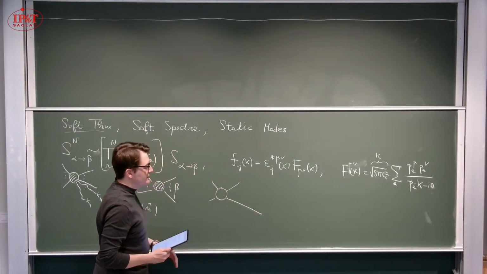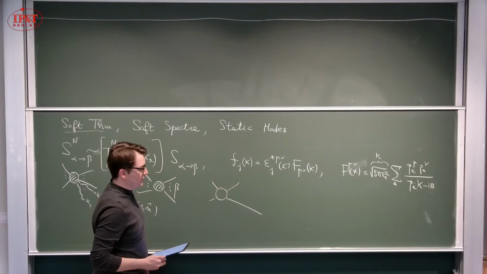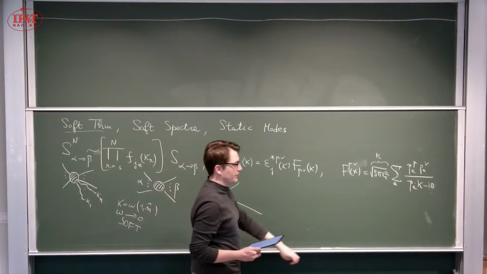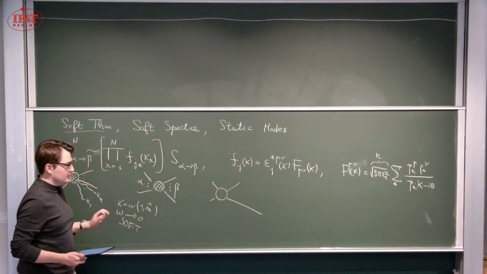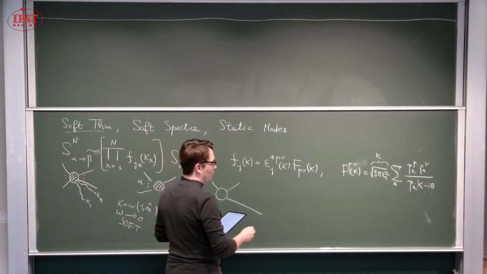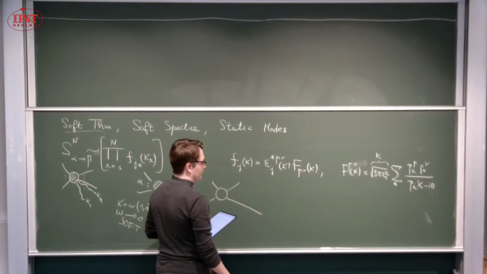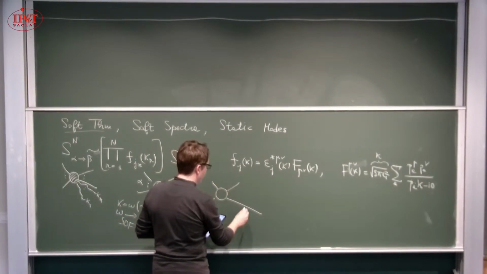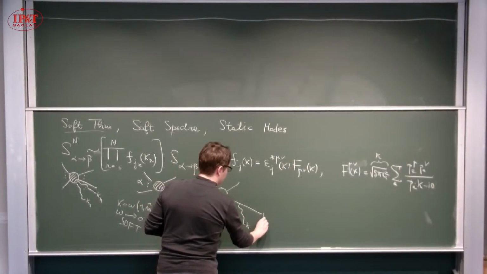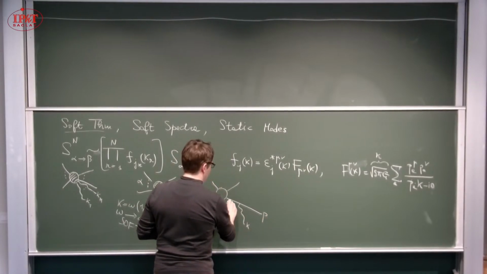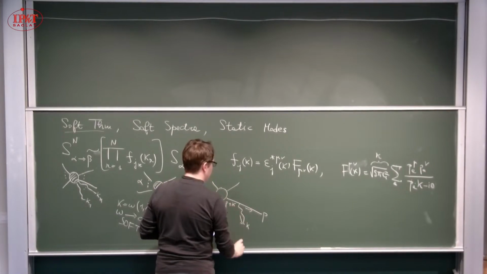The key idea is that the soft graviton contributions that dominate, because they have this 1 over k, so 1 over omega in the soft limit, must all come from when the extra graviton line that we are adding is attached to an external leg. And the reason is that if we do so, say that this momentum is p, momenta are always outgoing, so this is q plus k.